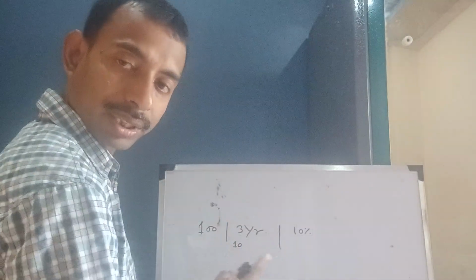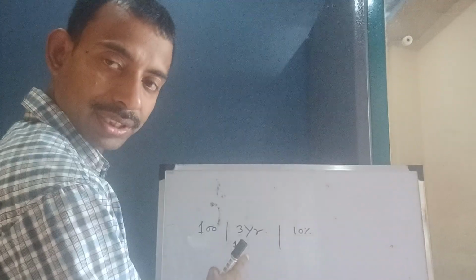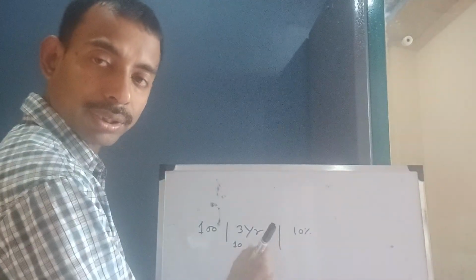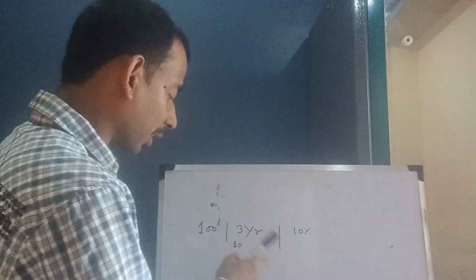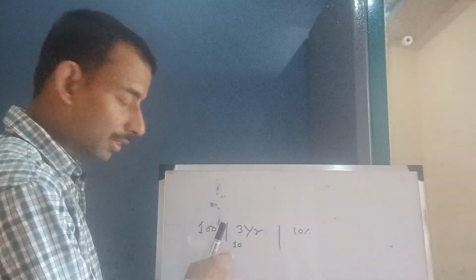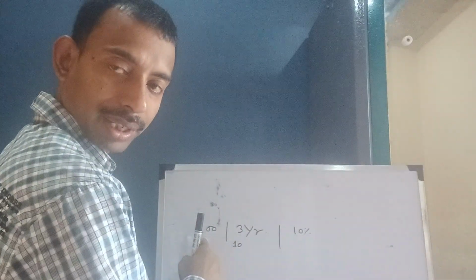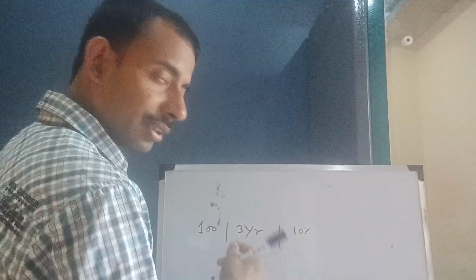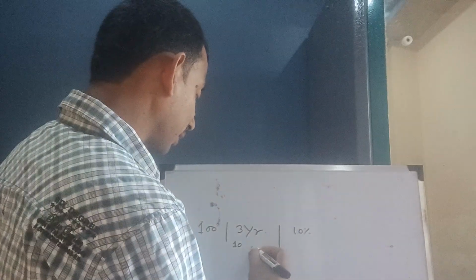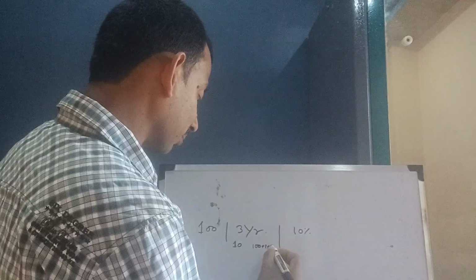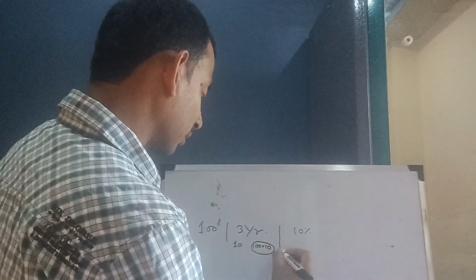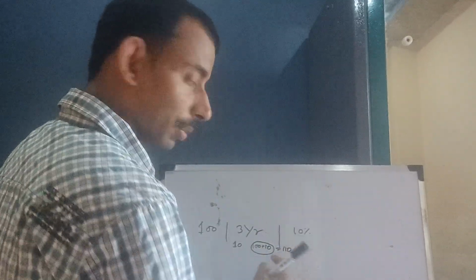Now after 1 year, you are getting the 10 rupees. Now you have to compound, or calculate in a cumulative way. So you get 10 rupees interest and principal 100 rupees. So the new principal would be 100 plus 10, that is 110 rupees.